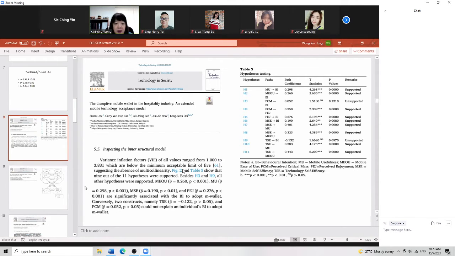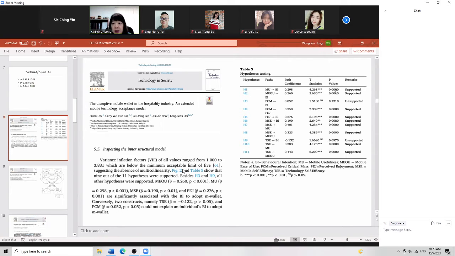Okay, you see MEOU, right? MEOU here. All right. So path coefficient is 0.26. All right. And then the p-value is less than 0.01. Okay. All right. MU is here. So you see MU here, path coefficient 0.98.